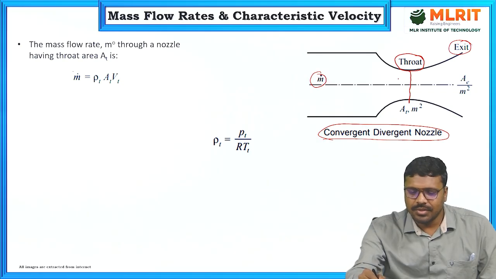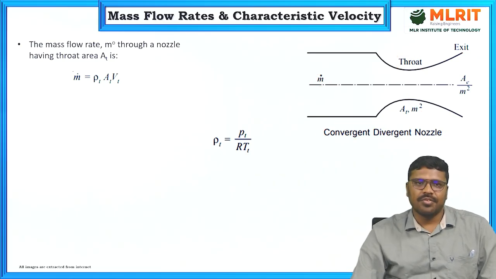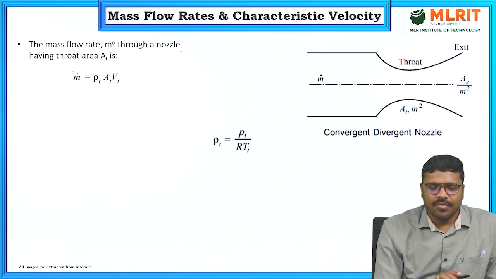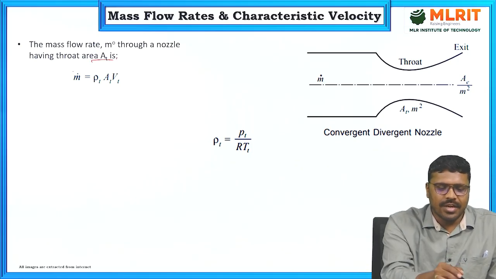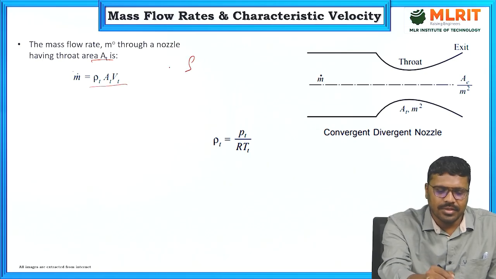Area at the throat is At, in terms of meter square. Coming to the basic formula of mass flow rate, the mass flow rate m dot through a nozzle from an area of At can be written as m dot is equal to rho AV. So there is a basic formula, that is m dot is equal to rho AV.